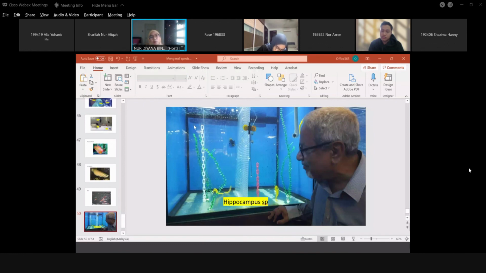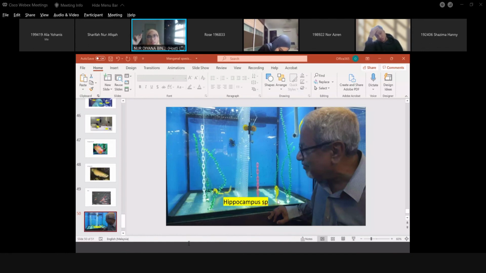Can't remember where this was, but these are seahorses, right? Hippocampus. Seahorses, wow, a lot of species and varieties, depending on the colors and regions. I've got to see real seahorses.